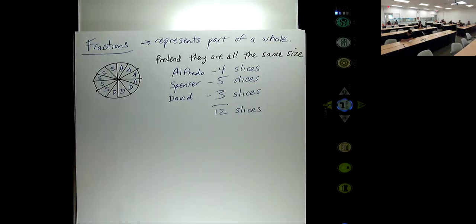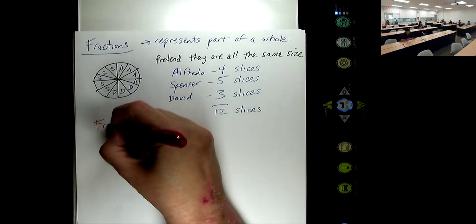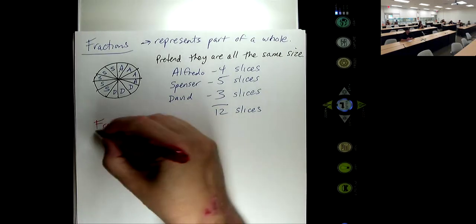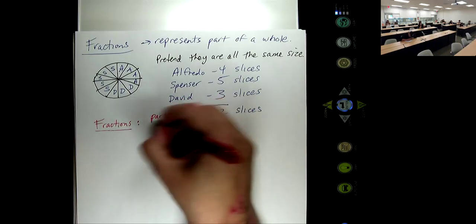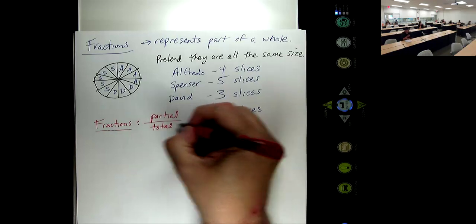So if we want to represent how much pizza we've eaten as a fraction, we put the partial value on top and the total pieces on bottom.